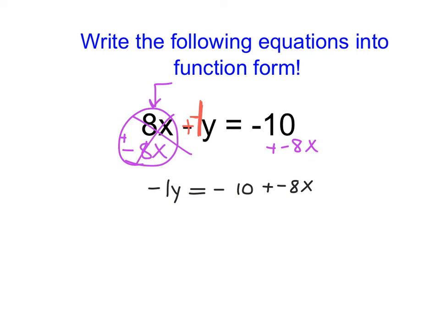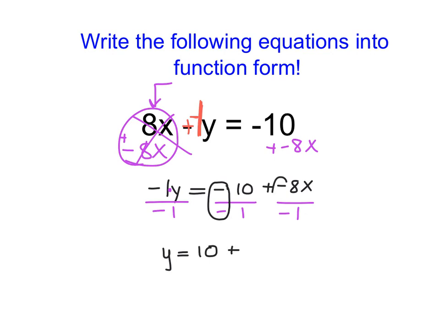Now in order to undo this multiplication of negative 1, I need to divide both sides, or divide every single term, by negative 1. So negative 1y divided by negative 1 is just y. Negative 10 divided by negative 1, we have a negative divided by a negative, so that's a positive 10.